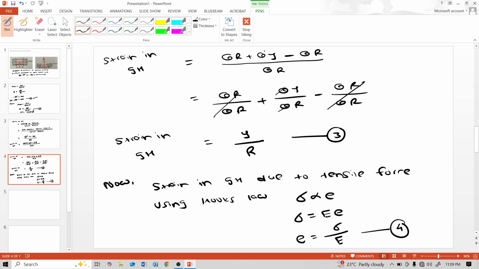Comparing equations 3 and 4, this is strain in GH and also strain in GH due to tensile force. So y upon R is equal to sigma upon E.